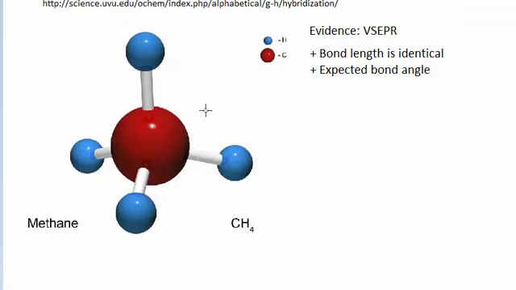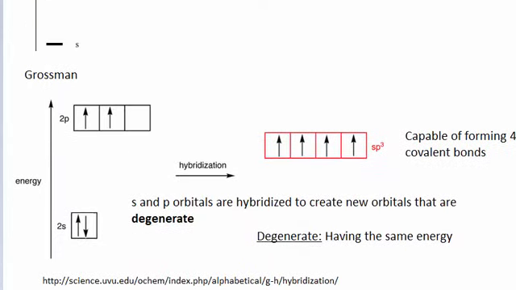What that means is that the bond angle between all of these is the same, and they're equally spaced out at the corners of a tetrahedron. So why does that give us evidence that this hybridization is occurring? Well, remember, what this hybridization gives us is it takes 4 orbitals that don't have the same energy, and it gives us 4 orbitals that do have the same energy.